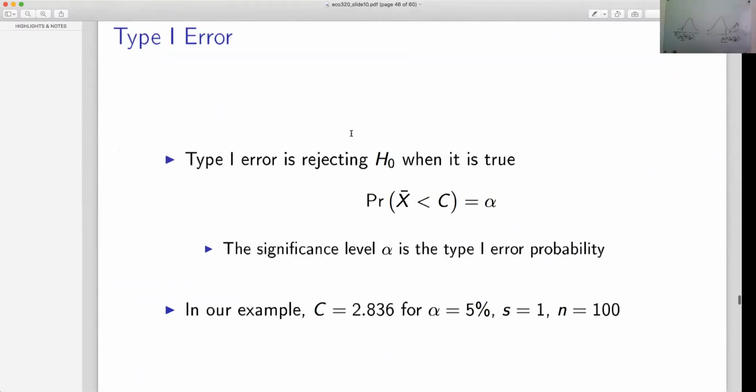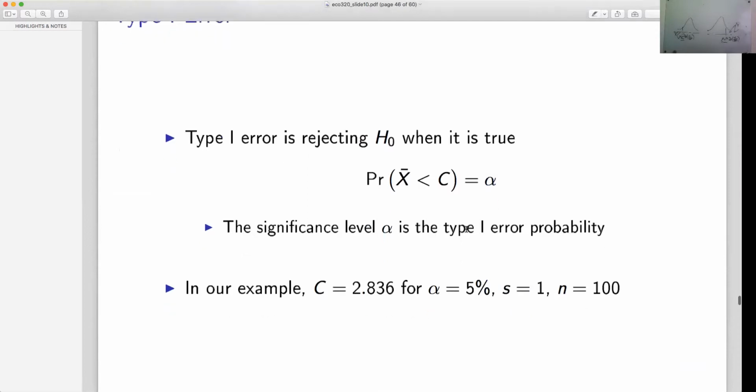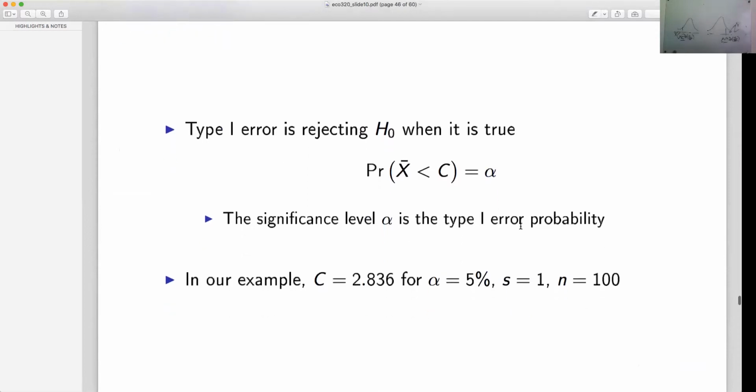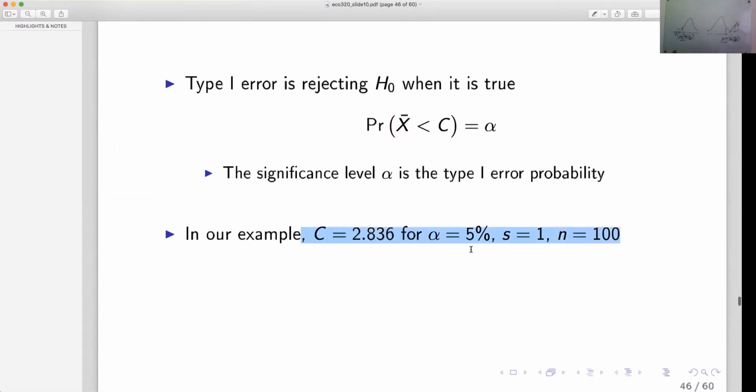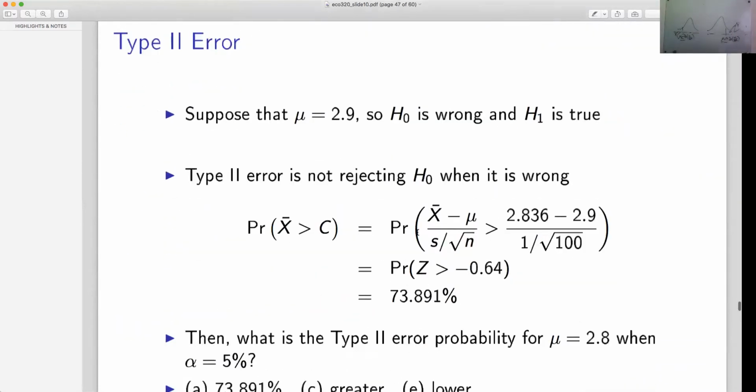Okay, that was the differences, and the type 1 error is still the same, alpha. The significance level is still equal to the type 1 error. In our example, the type 1 error was 5%. For the type 2 error, the idea is exactly the same: the probability that X bar is greater than C, because that means we are not rejecting, right?